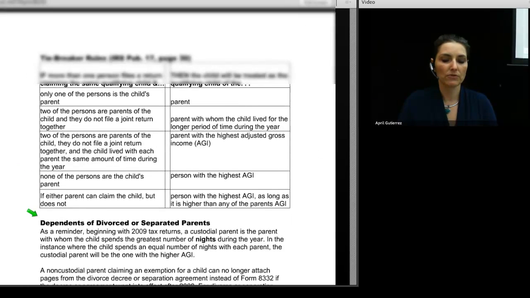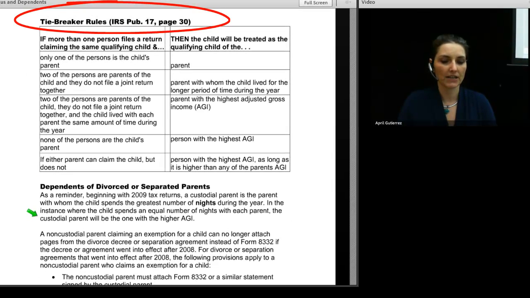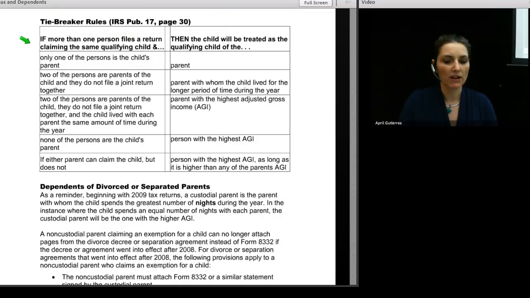Here are the tiebreaker rules. They come from Publication 17, page 30. If more than one person files a return claiming the same qualifying child, and only one of the persons is the child's parent, then the child will be treated as the qualifying child of the parent. If two of the persons are parents of the child and they do not file a joint return together, then the parent with whom the child lived for the longer period during the year.